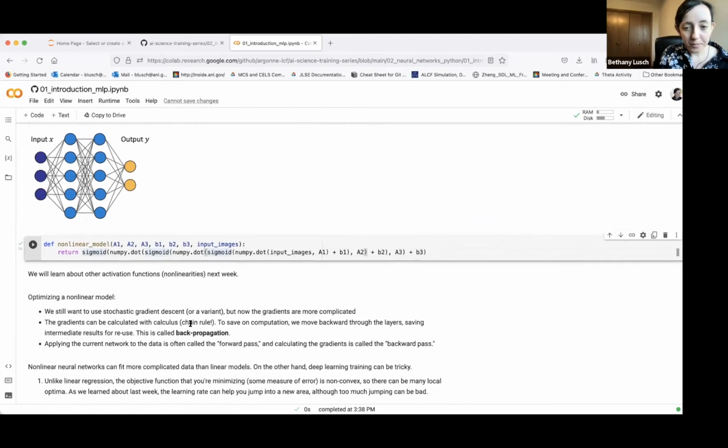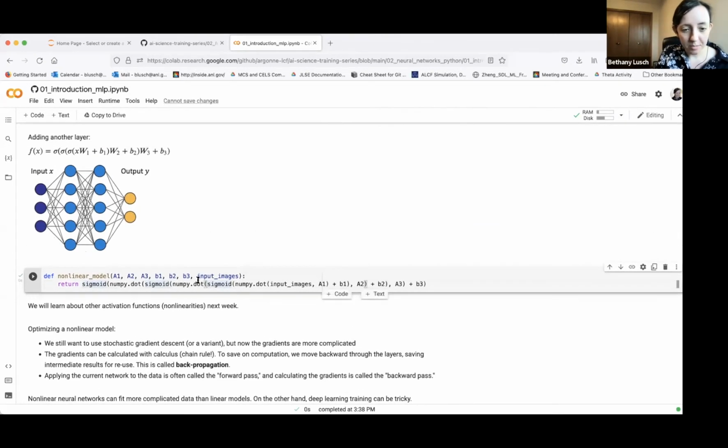And you might say this looks like it's going to be a really big mess if you wanted to have a deep network and a lot of layers. So the good thing is, you could think about how to make this in a loop, but also next week we learn about TensorFlow, where it's much easier to add these layers on. You don't have to explicitly say we're going to multiply, we're going to add, and so forth.